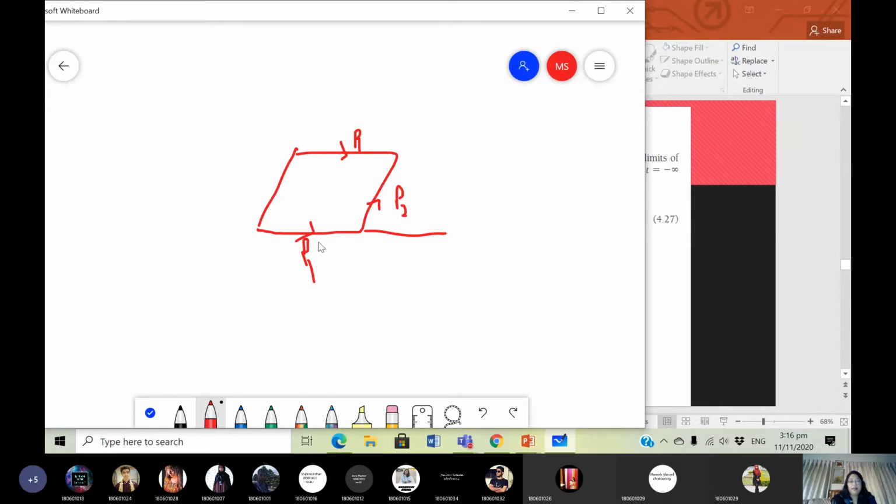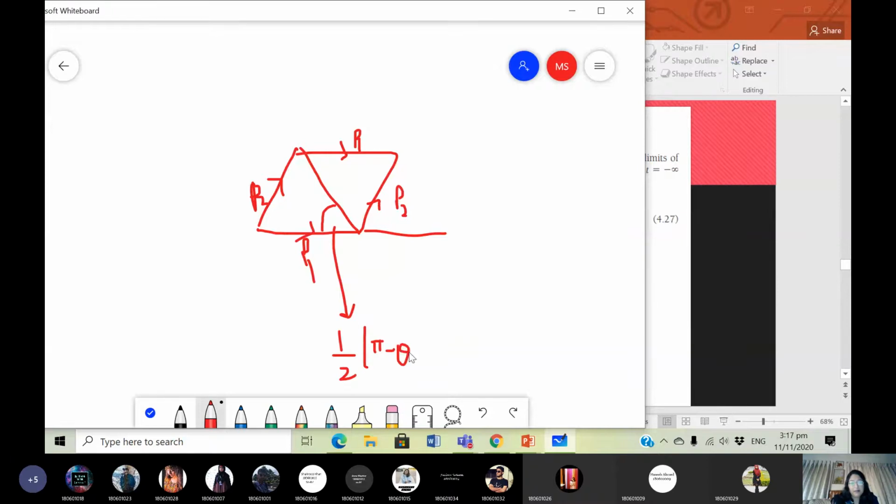So it'll be P1 in magnitude, and the direction is the same. And this will also be P2. Okay? And then if we draw it like this, this angle here is half pi minus theta.